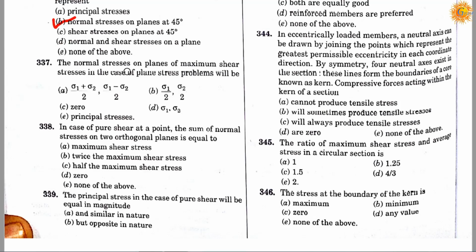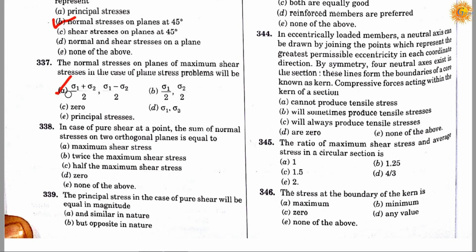337. The normal stresses on planes of maximum shear stresses in the case of plane stress problems will be: option A, sigma 1 plus sigma 2 divided by 2, sigma 1 minus sigma 2 divided by 2; option B, sigma 1 divided by 2 and sigma 2 divided by 2; option C is 0; option D is sigma 1 and sigma 2; and option E is principal stresses.